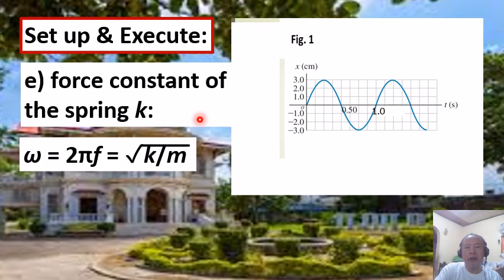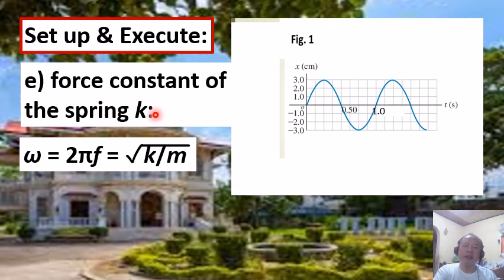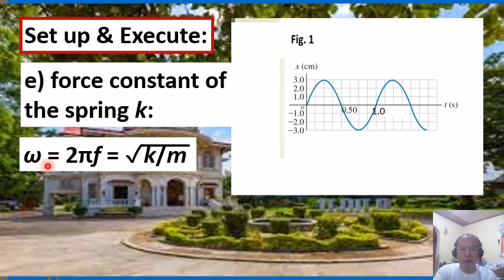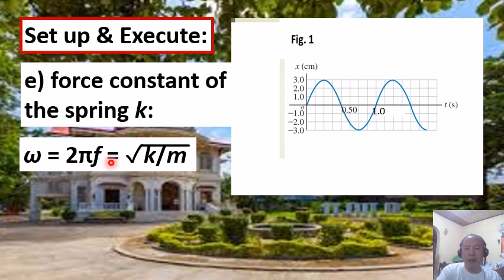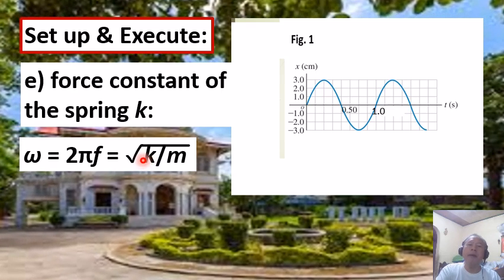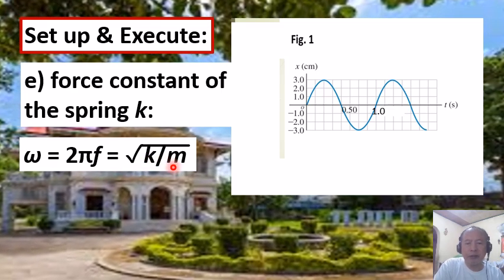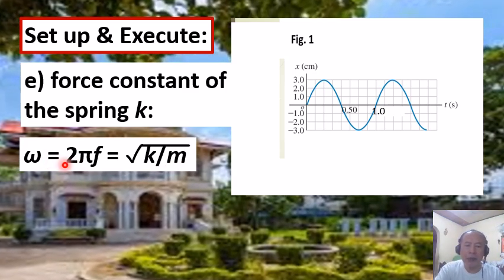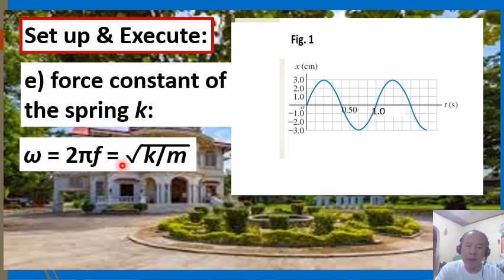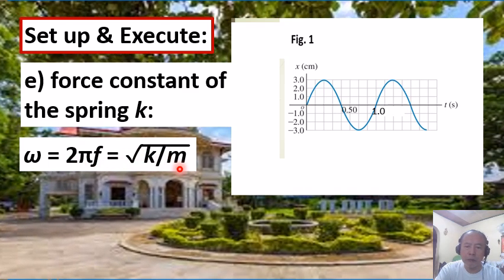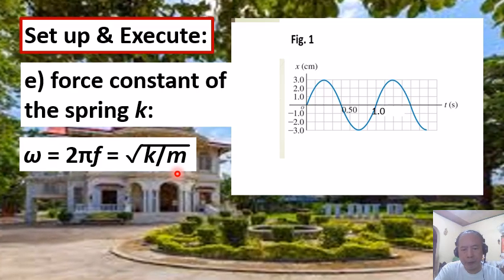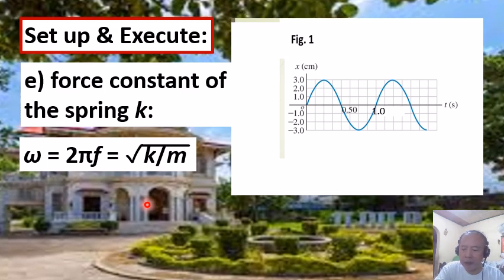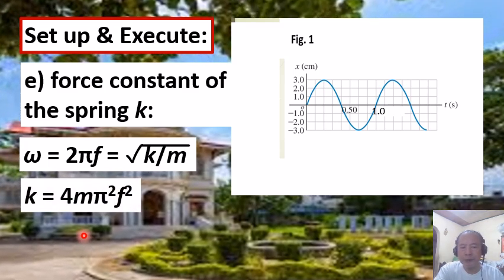And computing for this force constant k, we base our solution from the equation that relates the angular frequency omega with this force constant k and the mass of the ball. That is omega, or 2 pi times f, is equal to the square root of k over m. So that when we isolate small letter k, we come up with its working formula.